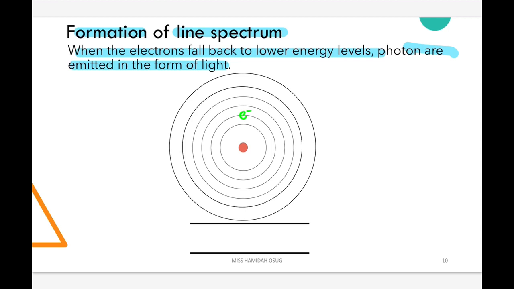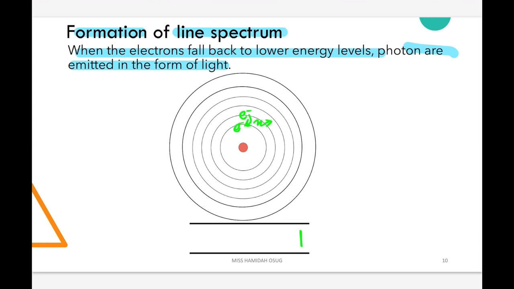Because it is unstable, it will drop back to a lower energy level, which is n equals 1, and it will emit a photon in the form of light. This can be observed on the line spectrum as one line.